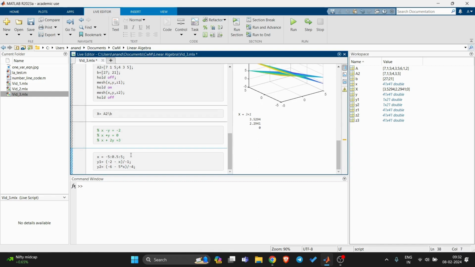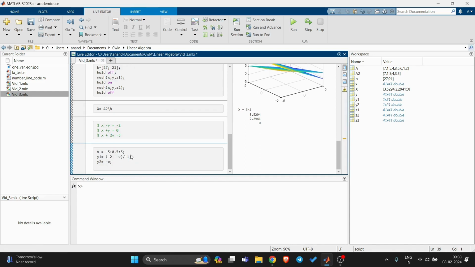For the second equation, it's minus x. And for the third equation, y is equal to 3 minus x divided by 2.